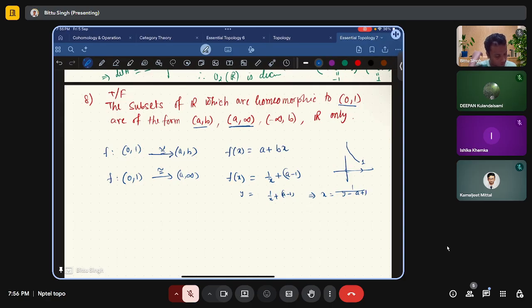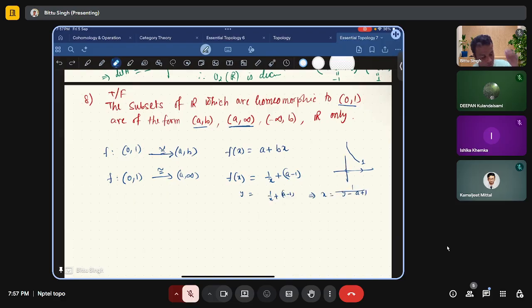No, it is okay, a to infinity. It is okay. So this is a homeomorphism.